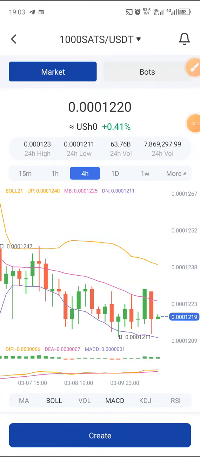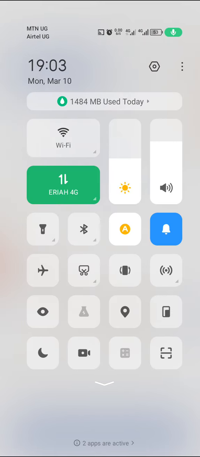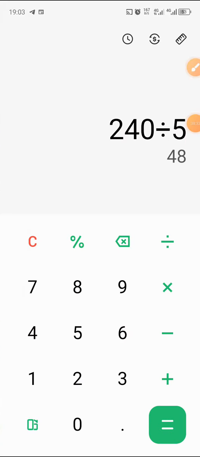Now let me end by showing you the calculations and why I recommend that strategy to be used by people of 150 plus. So you open your calculator. Remember that double up method, we are focusing mainly on the first 4 margin calls.